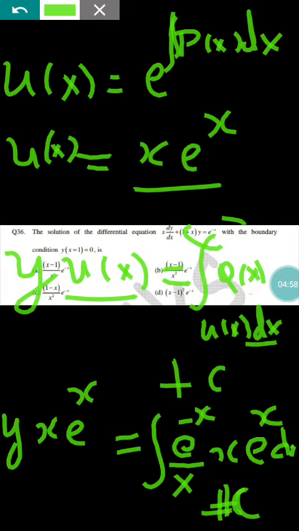So if I substitute, the final value I got is y times x e power x is equal to the integral of e power minus x by x into x e power x dx plus c. Can you see?